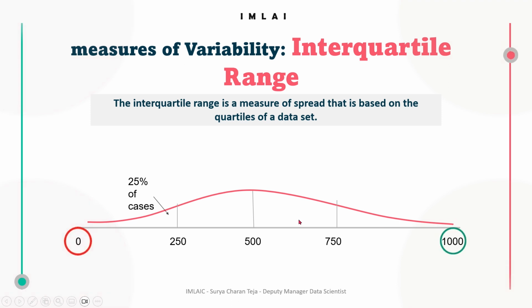Your quartile 1 is equivalent to the 25th percentile, quartile 2 is equivalent to the 50th percentile, and quartile 3, Q3, is equivalent to the 75th percentile.